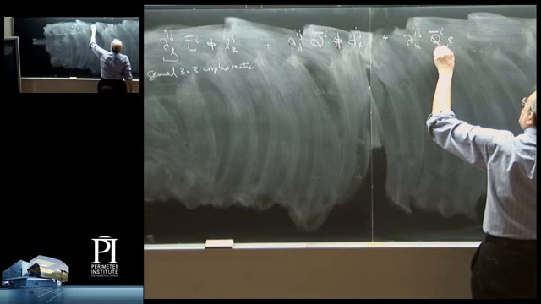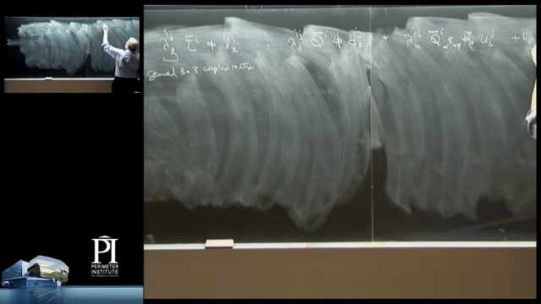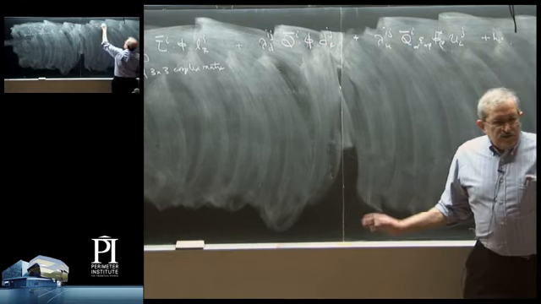Similarly for the down quarks, and similarly for the up quarks. The really strong assumption I'm making now is that there's only one Higgs field. If there's more than one Higgs field, this can get a lot more complicated. Plus Hermitian conjugate.